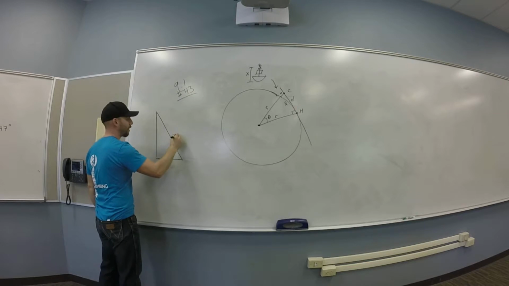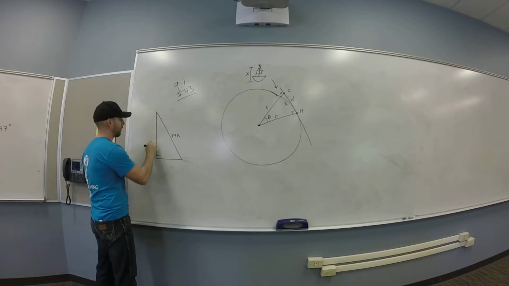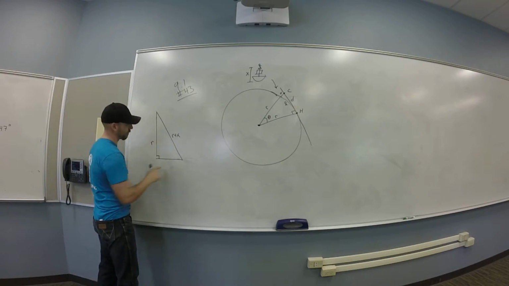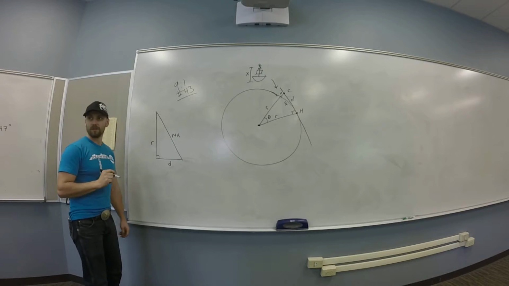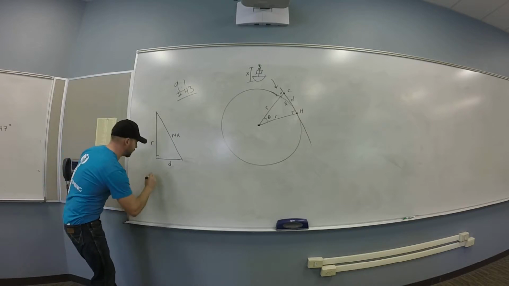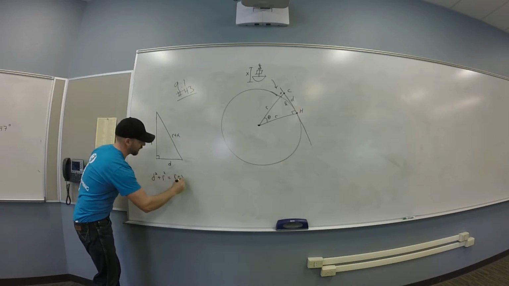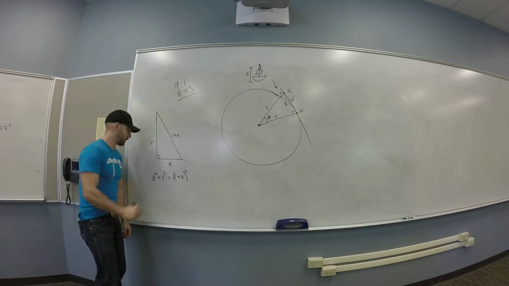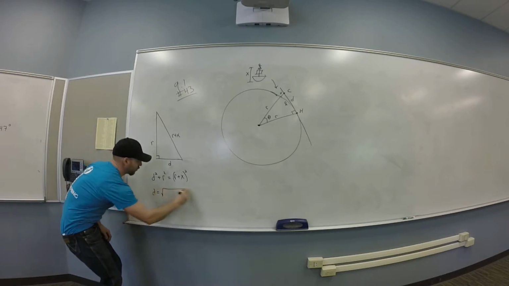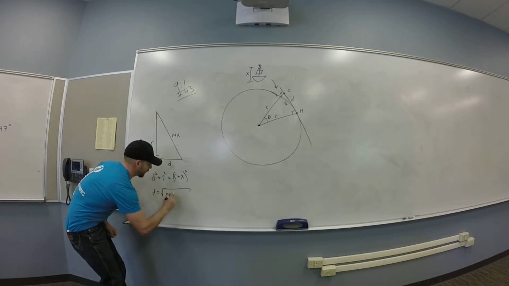This hypotenuse is r plus x. There's a right angle here. This is r, and this thing across here is d. So I know that d squared plus r squared is (r plus x) squared. So d is the square root of (r plus x) squared minus r squared.